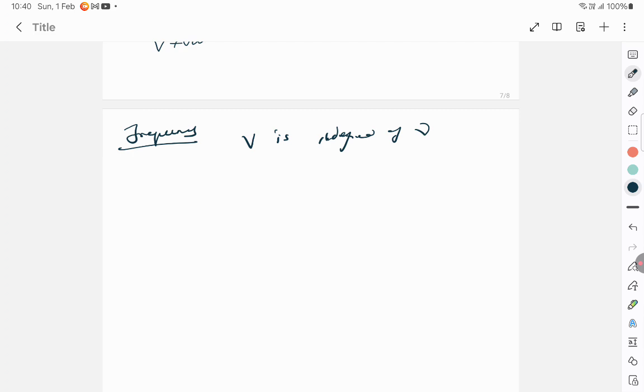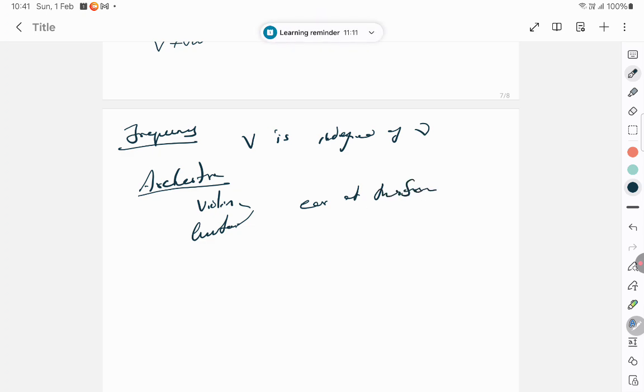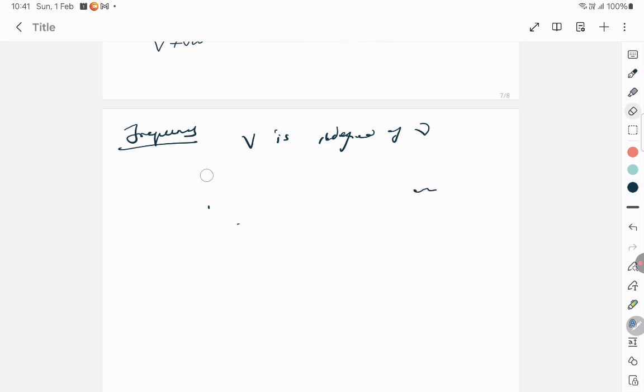For a simple example, if you were going and listening in an orchestra, they play a violin which is vibrating at a different frequency. They play a guitar which is at a different frequency at one point of time. Two different frequencies are able to reach our ear at the same time. That itself shows that the velocity does not depend on frequency. Remember this example.